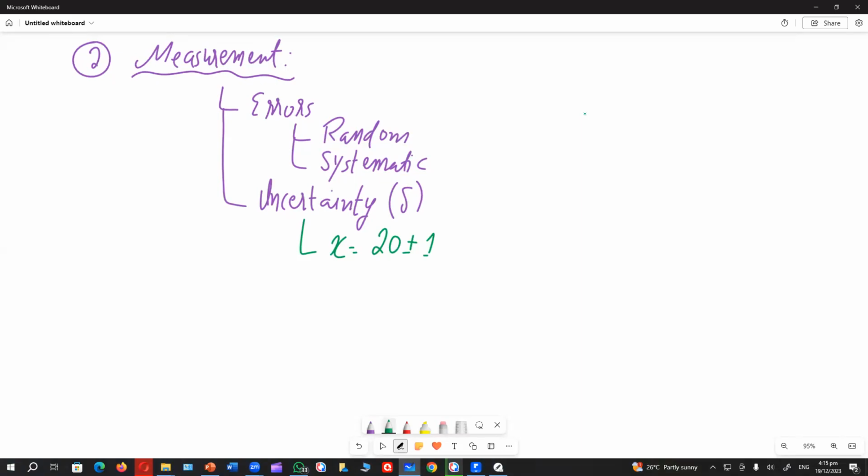I had explained that there are three types of uncertainties: absolute uncertainty, fractional uncertainty, and percentage uncertainty. So when you solve any question related to the uncertainty topic, you have an absolute uncertainty, a fractional uncertainty, and a percentage uncertainty.